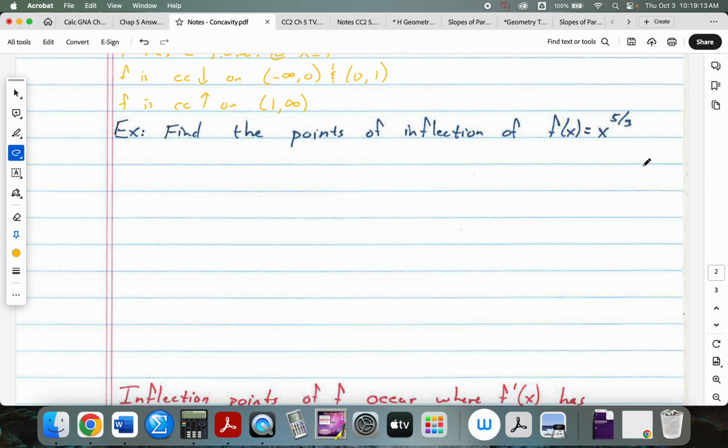So, let's find the points of inflection of f of x equals x to the 5/3 power. It's kind of a weird function, but let's take a look. We'll find f prime of x is 5/3 x to the 2/3 power, and f double prime of x will be 10/9 x to the negative 1/3.